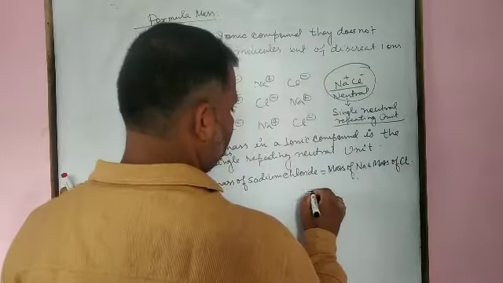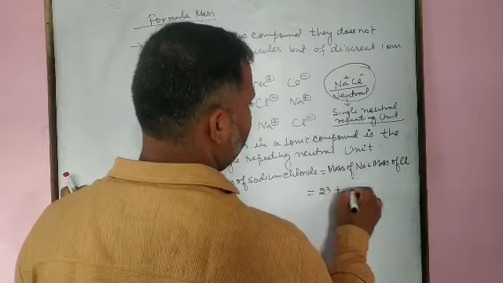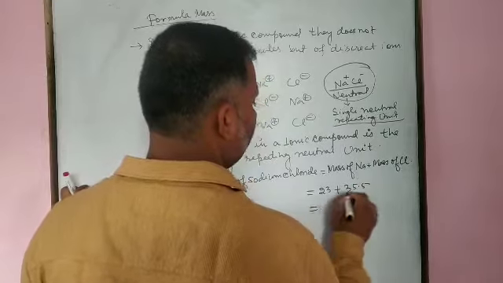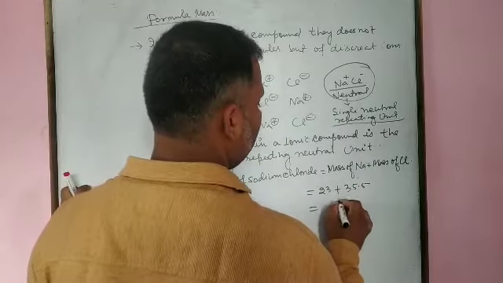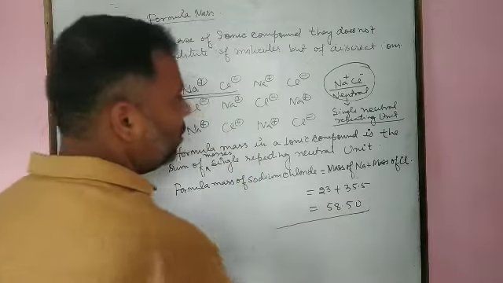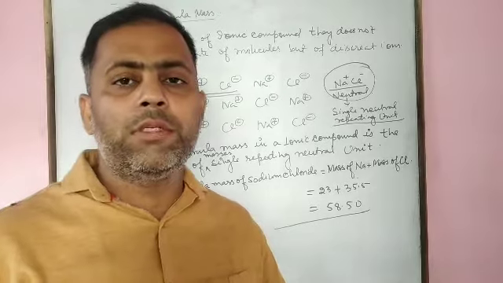The mass of sodium is 23 plus the mass of chlorine, 35.5. When we add it, we get 58.5. This is how we calculate the formula mass.